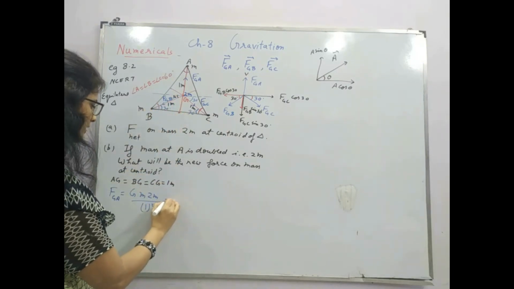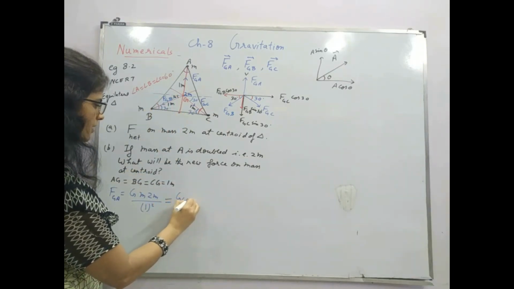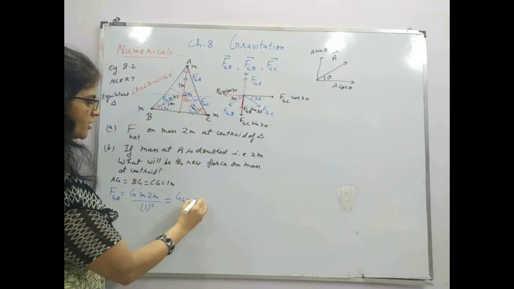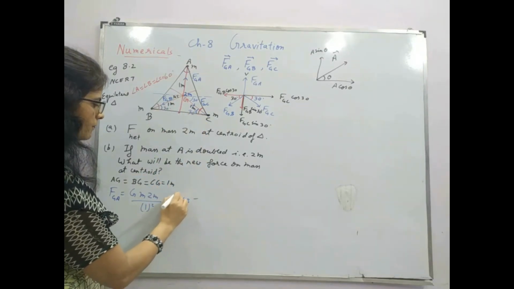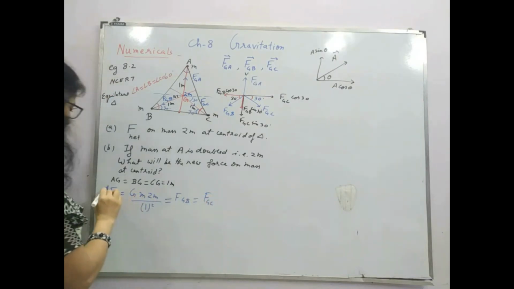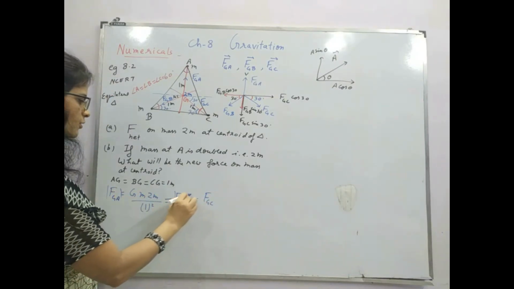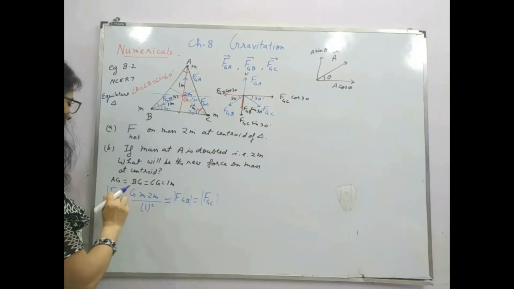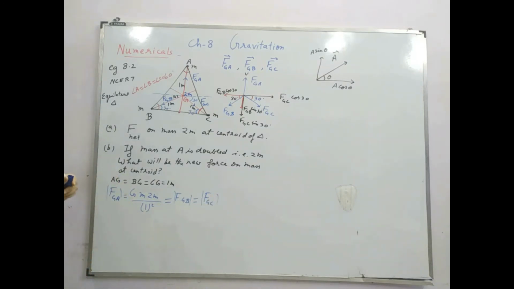So this will be same as FGB. Similarly, FGC will also be same in magnitude, right? But the directions are different. I know that the force is a vector quantity.